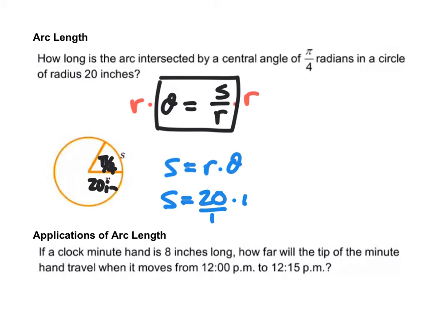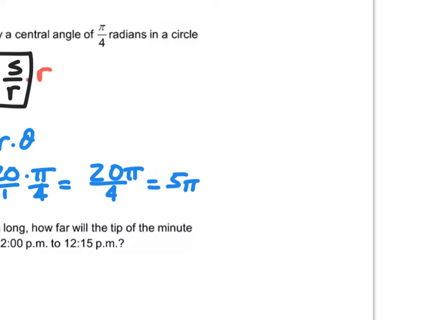I'm going to do 20 over 1 times pi over 4. And if I divide these out, 20 pi divided by 4, the 20 and the 4 divide out to 5, so we get an arc length of 5 pi. 5 pi is our arc length s.